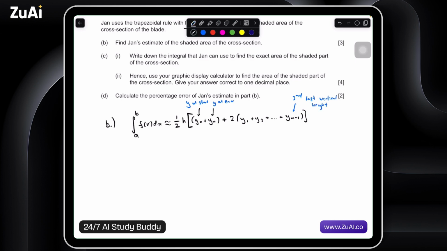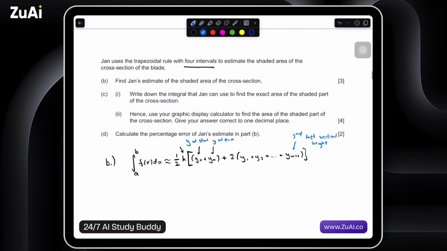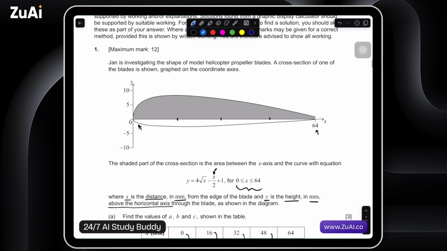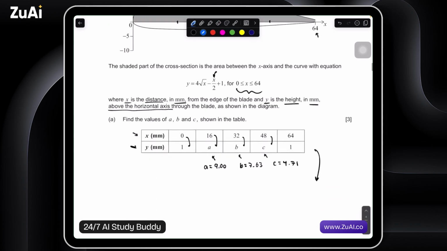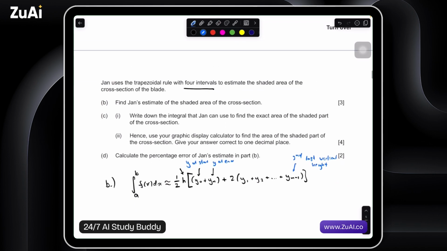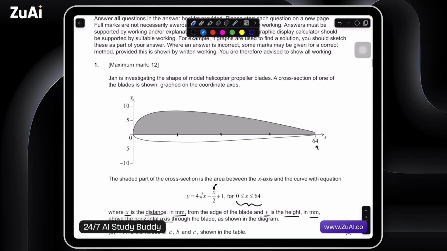And we also have this value of h. H essentially corresponds to, and this is actually maybe the better way to work out h, potentially, the size of our intervals. So we know this person, Jan, is going to divide this total area into 4 equal intervals. So how are they going to divide it?